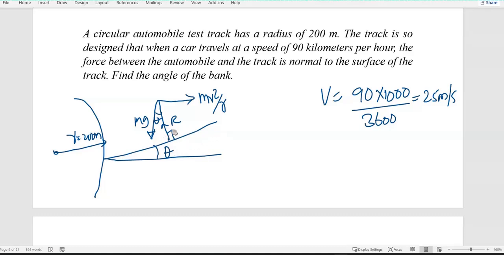So if it is normal to the surface, then that means there is stability here, and therefore we shall use the fact that tan theta is equal to v squared over rg. We already know this from one of our discussions, and therefore we shall just substitute in. So this becomes 25 squared divided by the radius, which is 200, times 9.81.